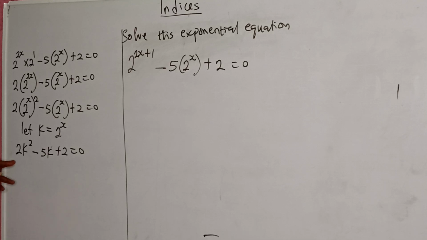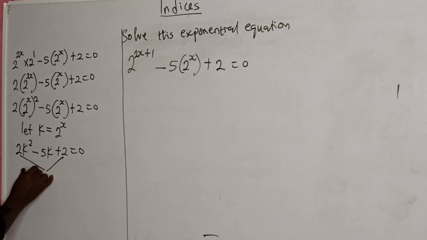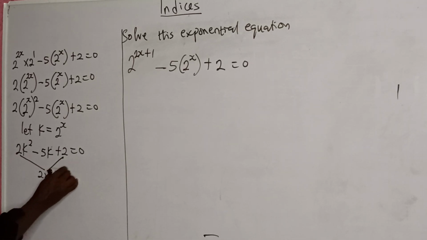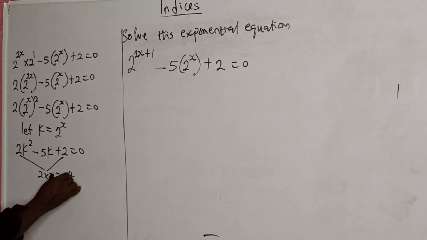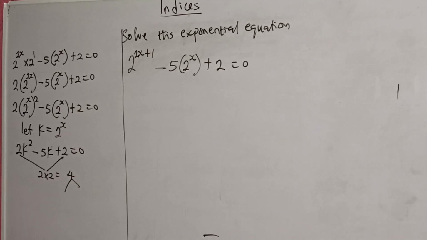When you want to apply factorization, your concentration is on the a and the c. The a here is 2, c is 2. So you multiply the two of them, that is 2 times 2, that will give us 4. Then you look for two numbers that you multiply to give you 4, but when you add them you have 5, and that is 4 and 1.